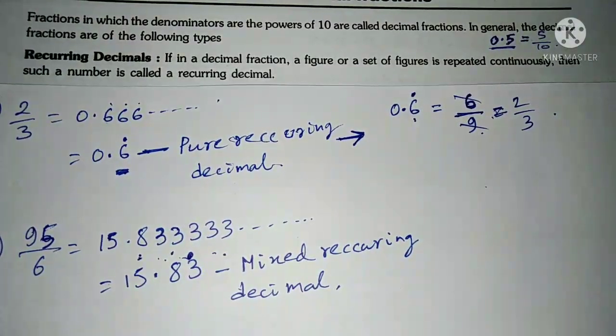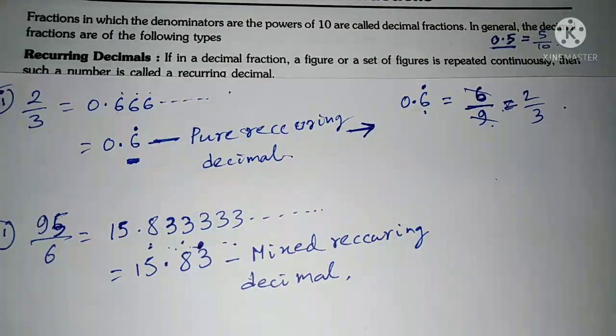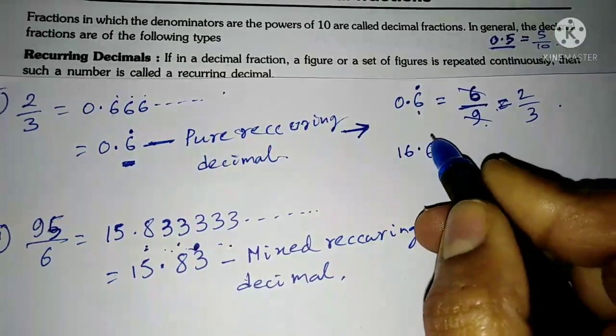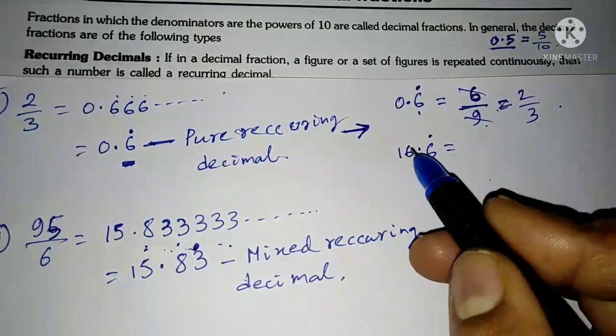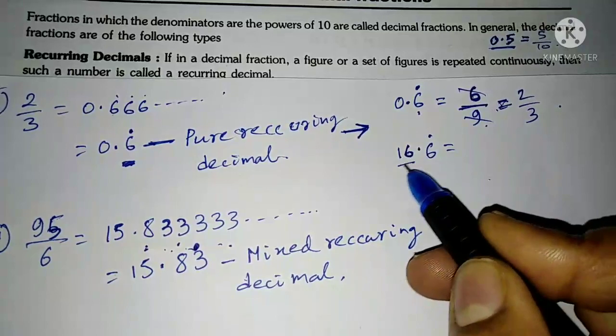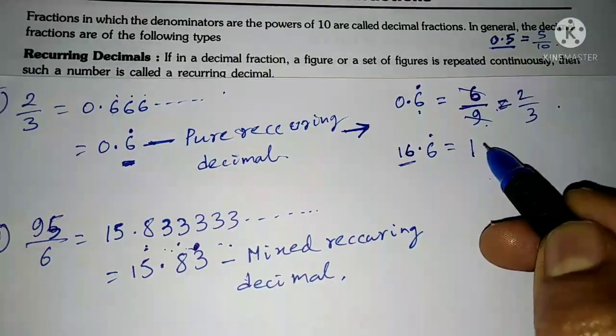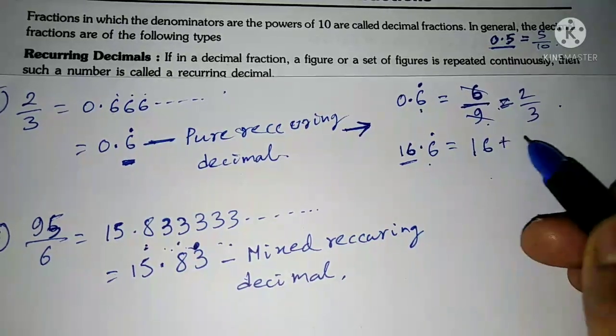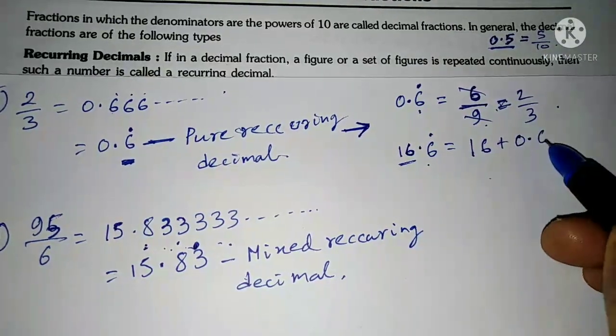Let's take another example. Let us take 16.6 recurring. 16 is a whole number, so we will write 16 as usual, and the recurring decimal is 0.6. So 16 plus 0.6.